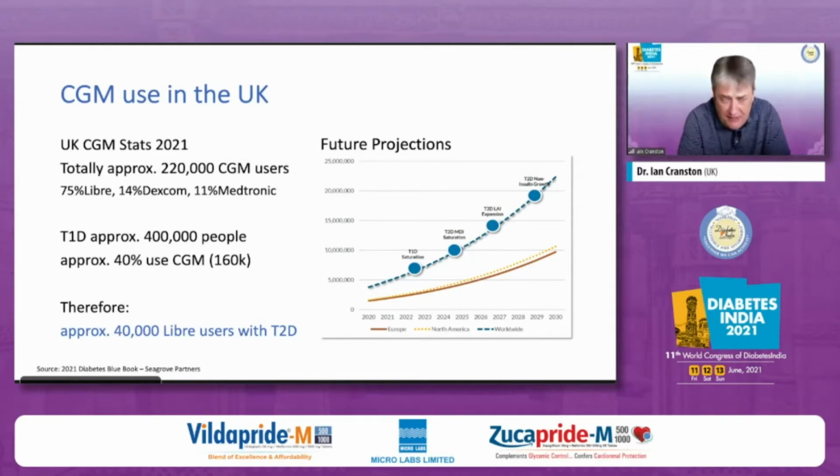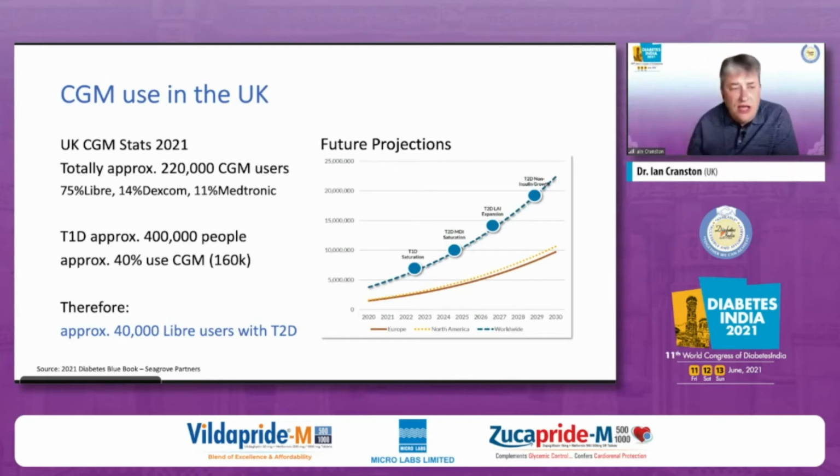The important thing I wanted to highlight is that in the UK and worldwide, the vast majority of continuous glucose monitoring devices being used and sold are these so-called flash glucose monitoring devices. The Freestyle Libre device at present accounts for around three quarters of all the CGM devices being used.